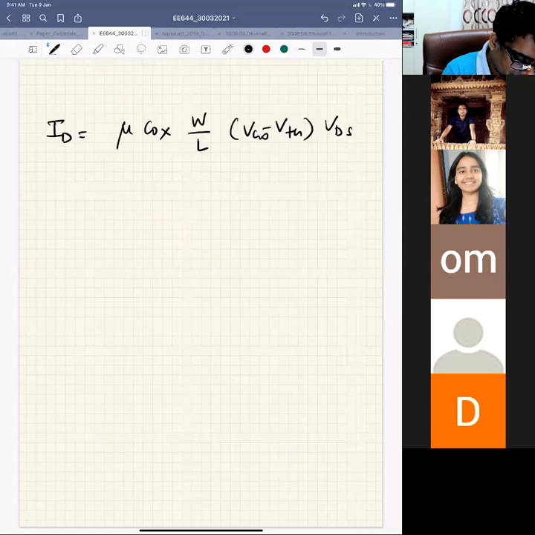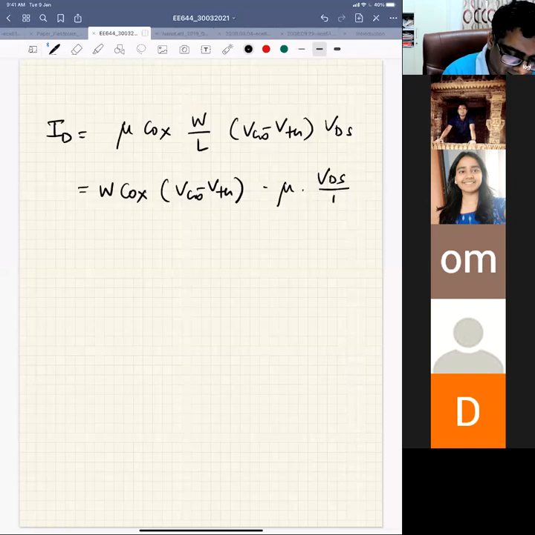Here I could separate it into two parts: Cox W times VGS minus VTH, and mu VDS by L. So this is the same equation.